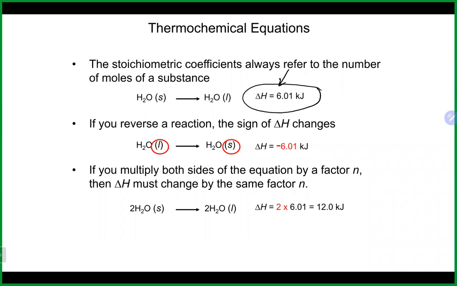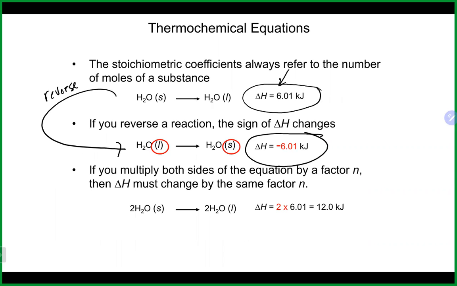Now, if I wanted to do the opposite move, take liquid water and make it back to ice, energy needs to be released in that case, which means it's exothermic. And what happens is if we reverse the reaction, we now have the exact same number, except that it is negative and exothermic, which is what has to happen when you go from liquid water to solid ice.